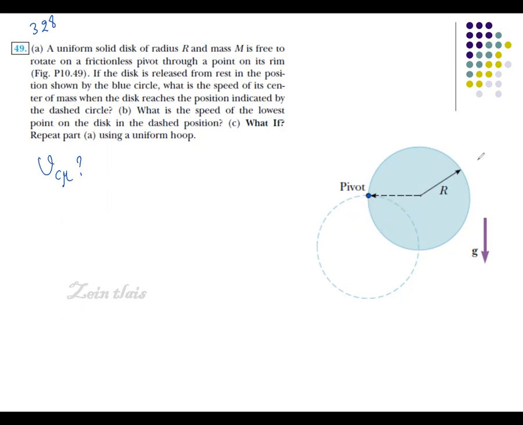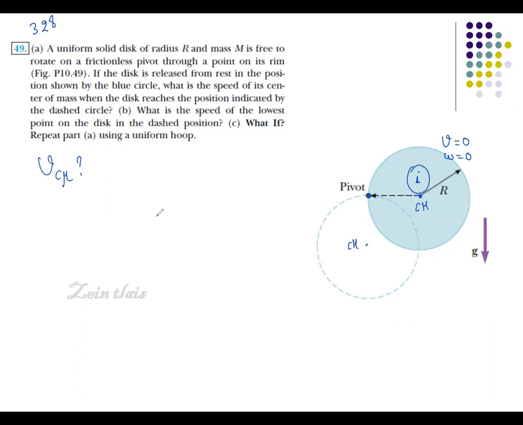Initially, this is the initial position, and we have V equals 0 and omega equals 0. We released the system without initial velocity. When the system moves down, here we get the final position, and here we have the center of mass.